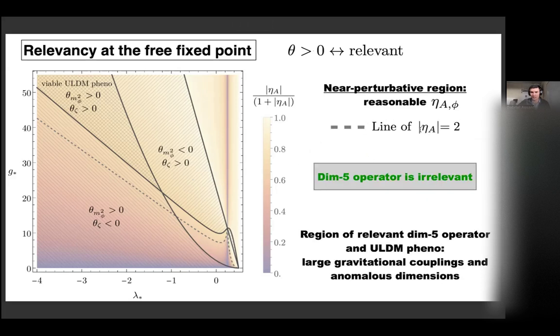This dashed line is exactly the value where the absolute value of the gauge anomalous dimension reaches 2, and so we want it to be below this. And below this, the dimension 5 operator is irrelevant. The boundary in this parameter space where it becomes relevant is actually quite far beyond the point where the anomalous dimension reaches above 2. And so we have some confidence that this operator is irrelevant.